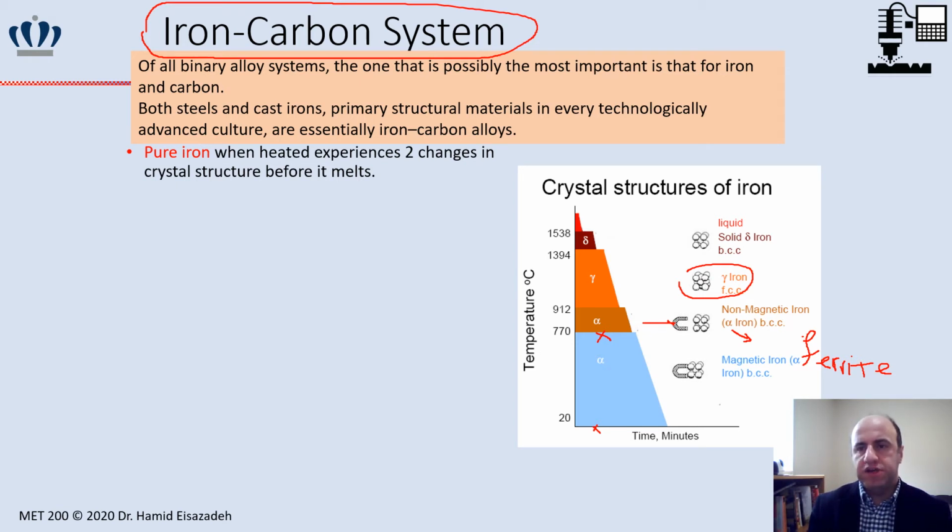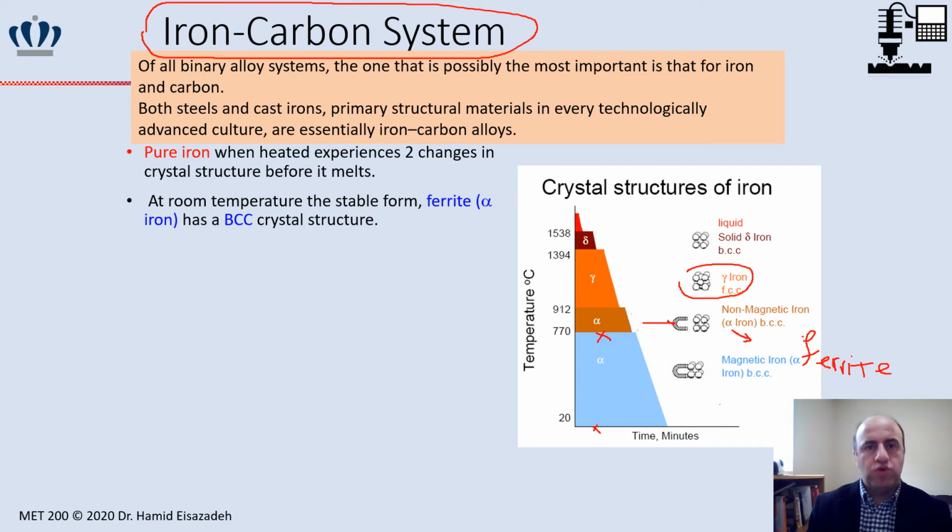These structures have unique mechanical properties. Some of them are hard, some of them are tough, some of them are soft. At room temperature, we have a BCC crystal structure, and it's called ferrite.